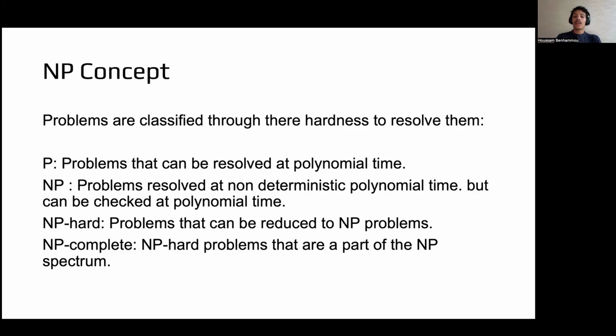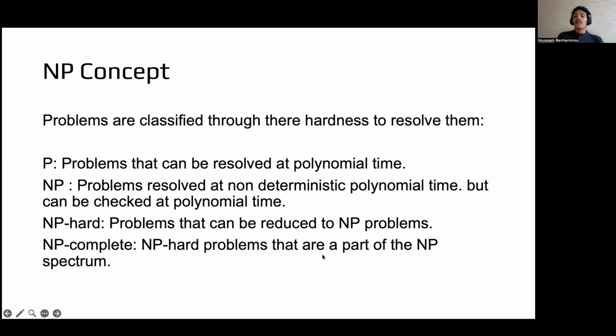Between NP and NP-hard, there are NP-complete problems, which intersect both spectrums: they are NP-hard and at the same time NP problems. They need to be reduced, but the testing of their results can be checked in polynomial time.